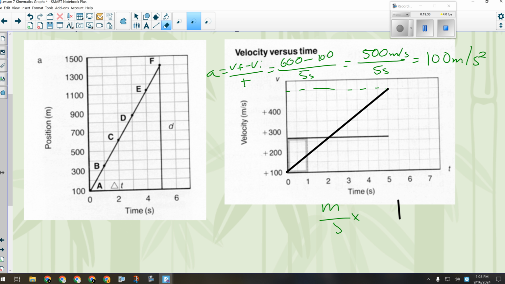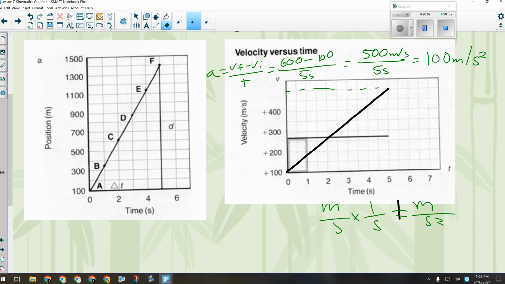So that means times 1 over seconds. What's meters times 1? Meters. What's seconds times seconds? Seconds squared. So that's where that comes from. You could also write meters per second per second, we just don't usually say it that way, and we just say meters per second squared. Everybody all right with that?